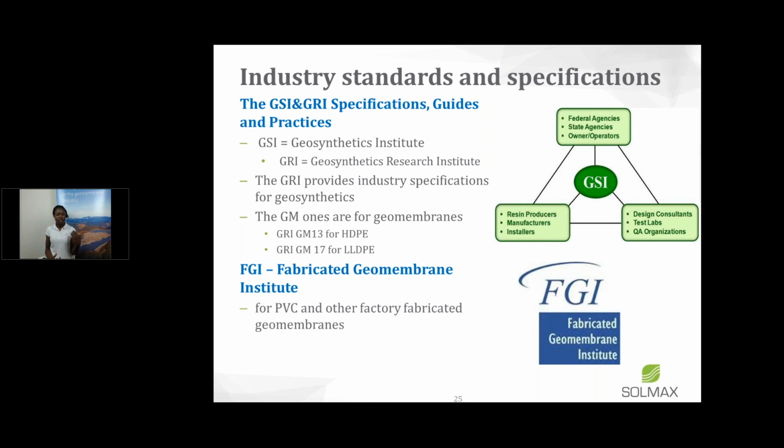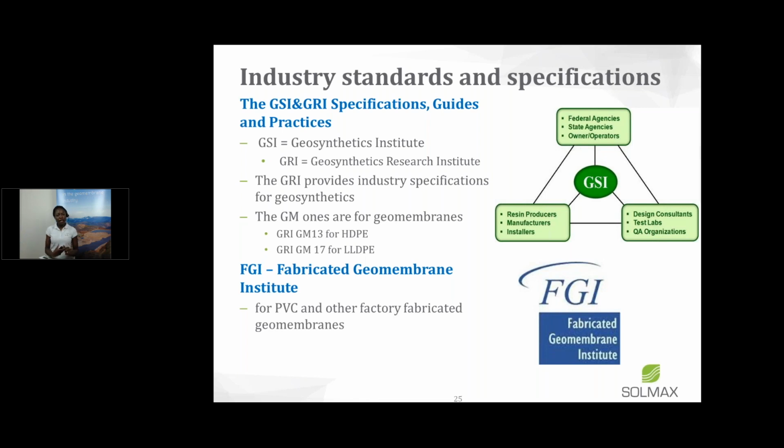The specification for geomembranes by the GRI is called the GRI-GM specifications. So for high-density polyethylene, the GRI has the GRI-GM13 specification. And then for the linear low-density polyethylene, they have the GRI-GM17 specification, and so on and so forth, the specifications for geotextiles and geogrids and all other materials too.